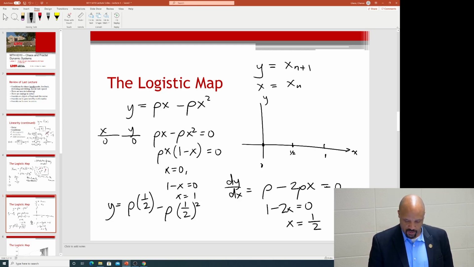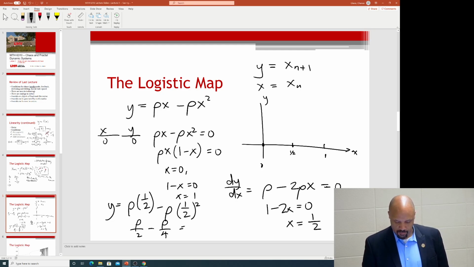Then we'll know this is rho over 2 minus rho over 4, which is going to be equal to 2 rho minus rho over 4, which is going to be rho over 4.